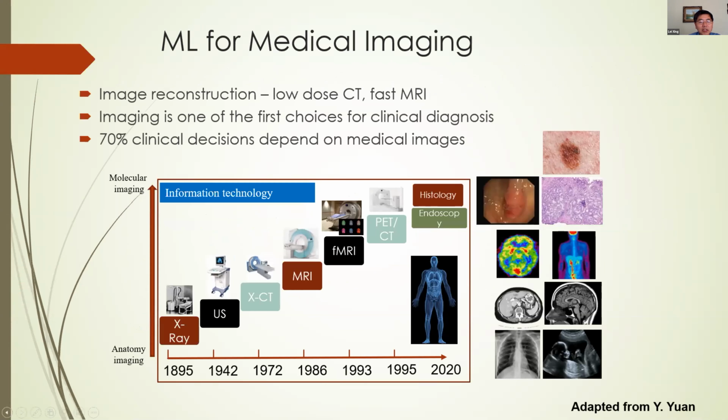So these are the commonly used image modalities in the clinic. 2D colonoscopy, and then dermoscope, cystoscope, etc. And then on the 3D side, PET, fMRI, MRI, CT, etc.